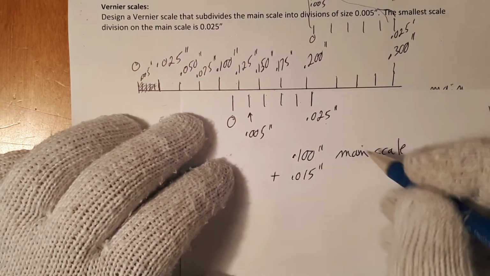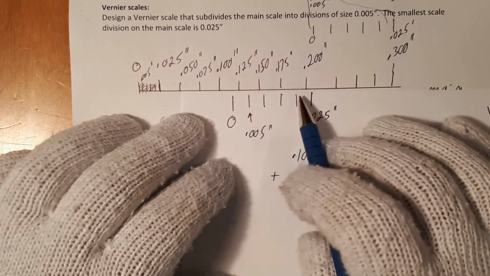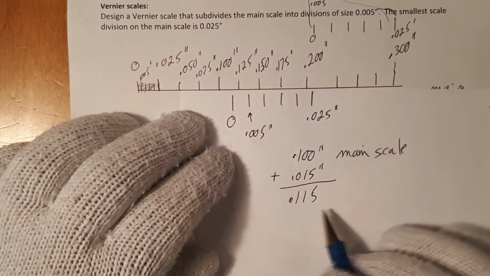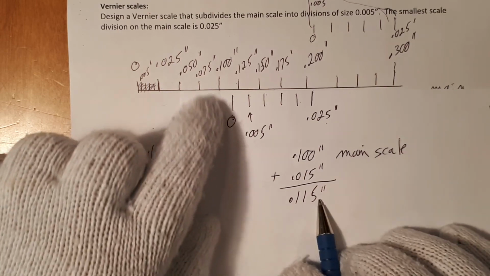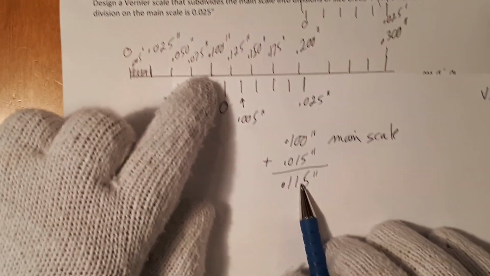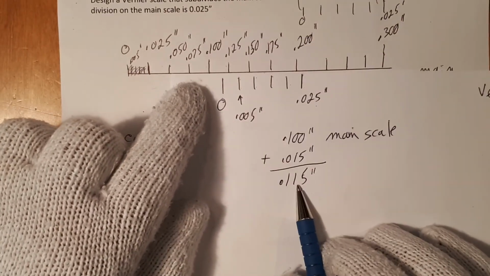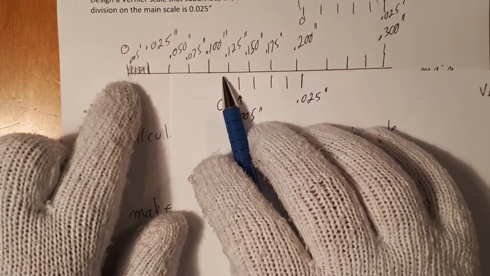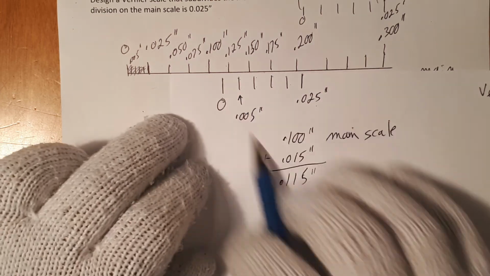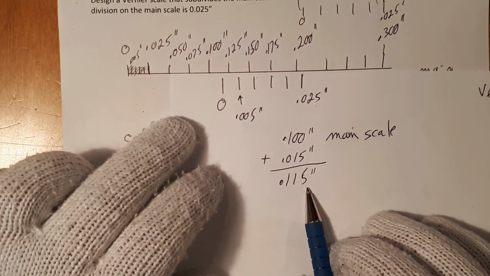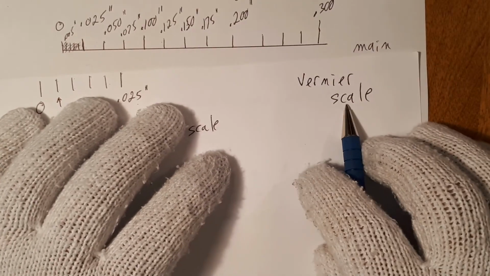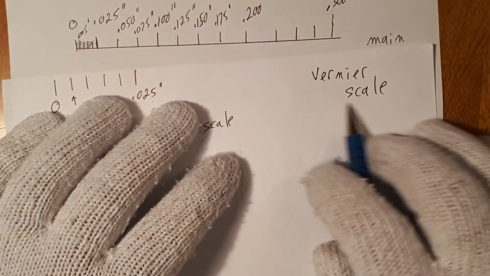Therefore, this whole length is 115 thou. So it's somewhere between 100 and 125. And in my demonstration here, it's 115 thousandths of 1 inch. That will be the measurement being made using this specific scale. And this is the making of a Vernier scale, I should say.